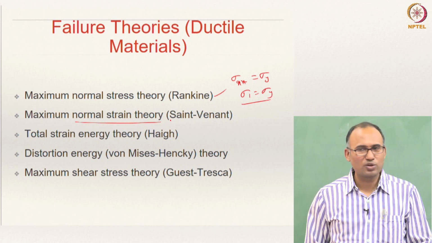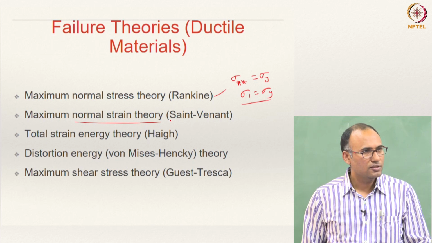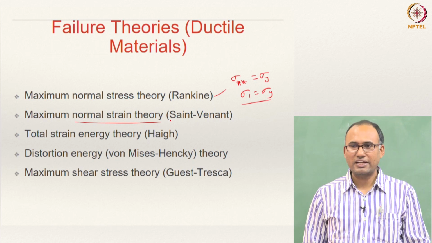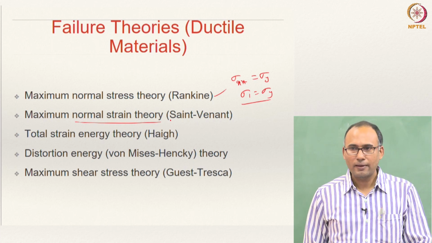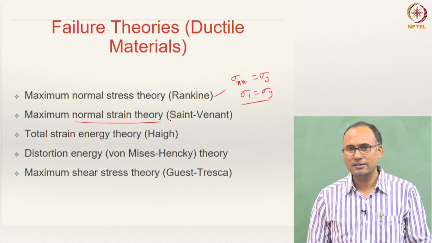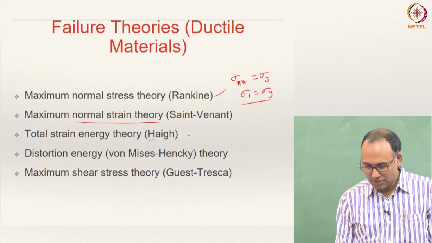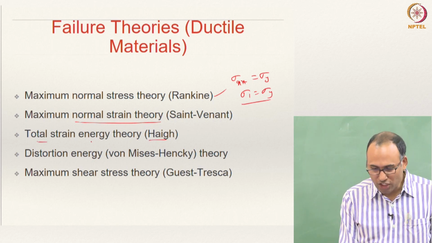And some people said, no, I do not like stress or strain, these are tensorial quantities, I want to deal with scalars, and hence I will take something that is actually better than these two things, and he took strain energy. So, he came up with another theory called total strain energy theory.